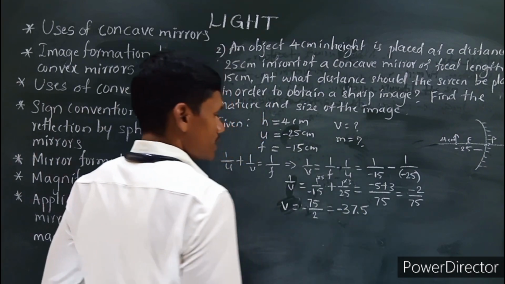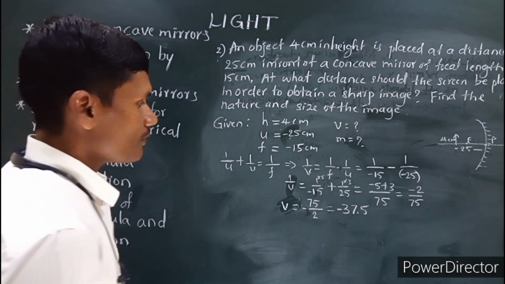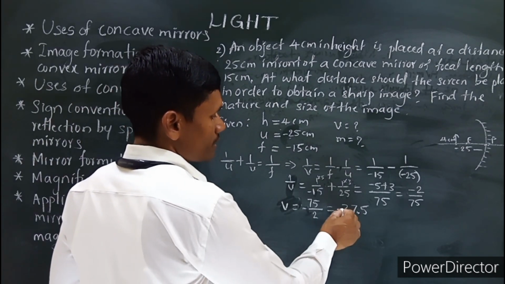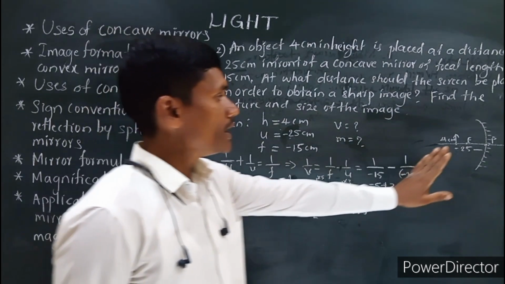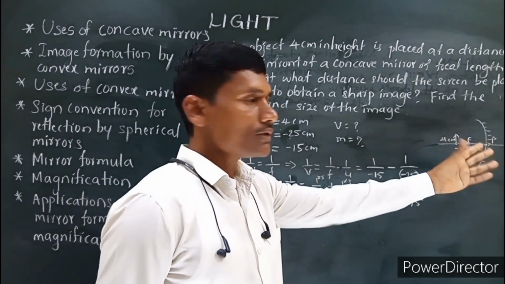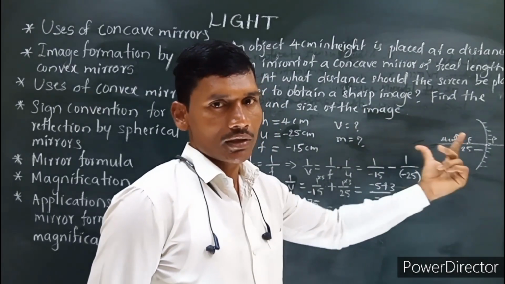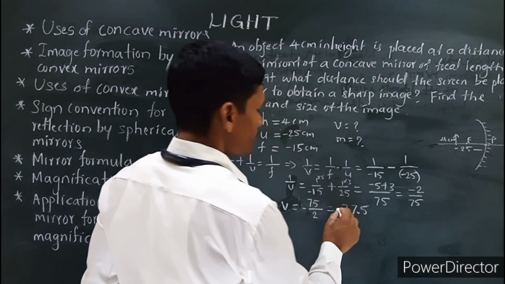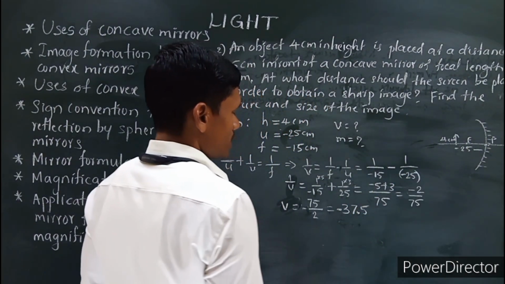Negative value it is. This is the image distance. Where is it formed? Minus means the image is formed in front of the mirror, because minus values are taken to the left of the mirror, from the pole, right? So the image is formed in front of the mirror.